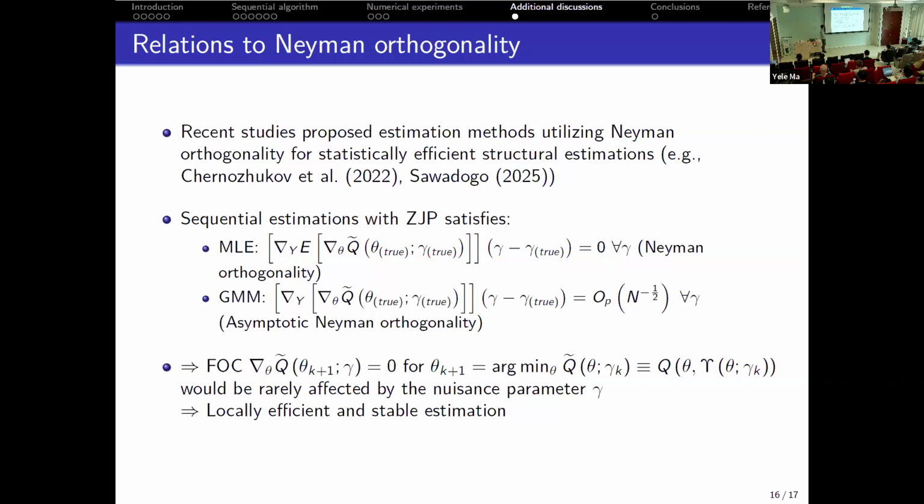And these results imply that the first order condition of this unconstrained optimization problem that we need to solve in the sequential algorithm will be rarely affected by the nuisance parameter gamma k. And so it will lead to a locally efficient and stable estimation in the sequential algorithms with GJP.